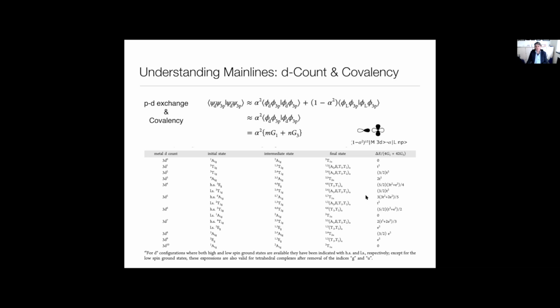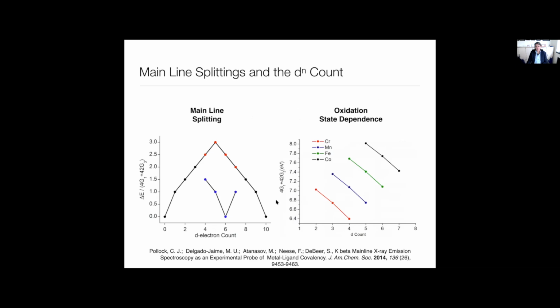Based on the table, you can then draw a graph that shows how the mainline splitting, normalized by 4G1 plus 42G3, which are the Slater-Condon parameters that essentially reflect that exchange integral, behaves. You see that the more unpaired electrons you have in the ground state, the larger the splitting of the mainline will be, because there will just be more exchange interactions with the 3p5 shell.